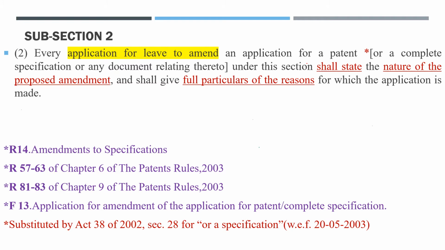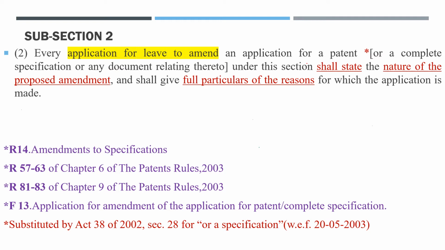The related rules are rule number 14, that is amendments to specifications, and rules 57 to 63 of chapter 6 of the Patents Rules 2003, and rules 81 to 83 of chapter 9 of the Patents Rules 2003. The relevant form is form number 13, that is application for amendment of the application for patent or complete specification, which we have already discussed.